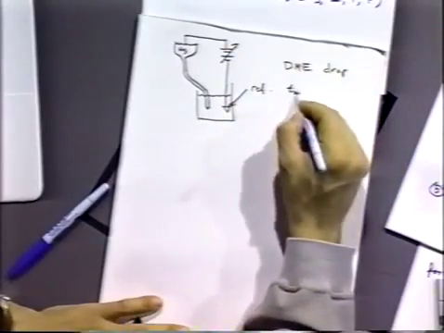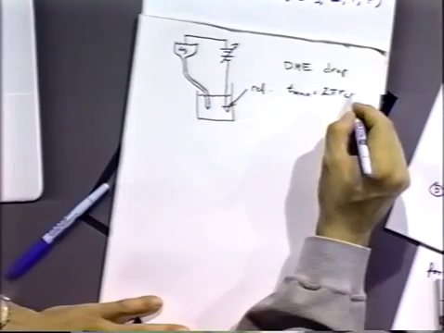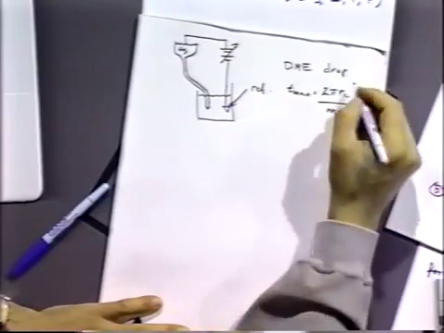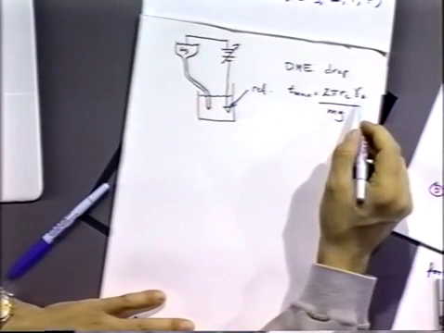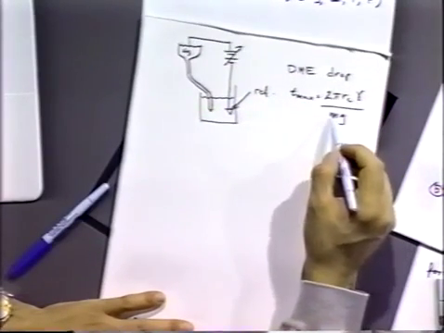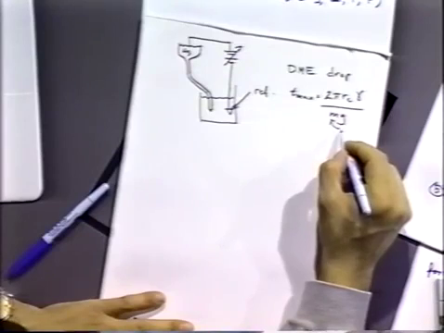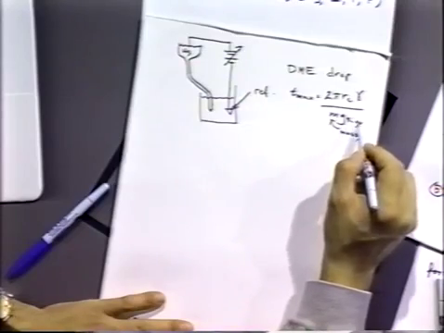And he said t max is equal to 2 pi r_c lambda over mg, where r_c is the radius of the electrode capillary, lambda is our surface tension, m is the mass per second, and g is the gravitational factor.